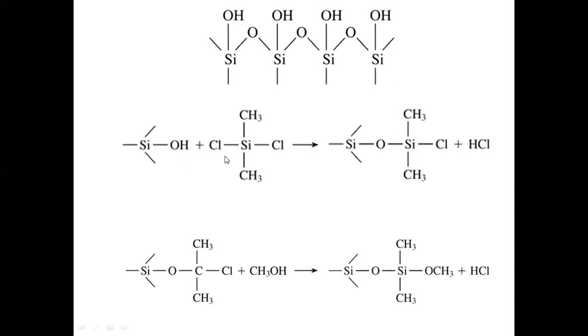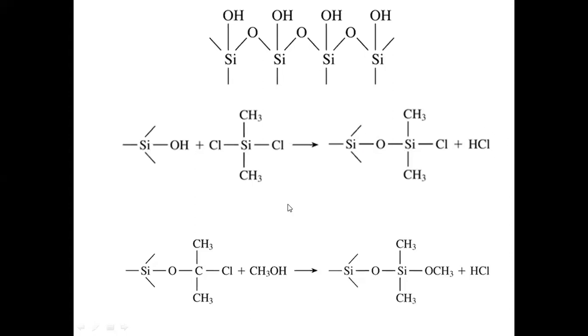Chlorine is a good leaving group, so one chlorine is going to leave from dichloro-dimethylsilane, and silicon will have the affinity to get attached with the oxygen present in the OH group. So bonding takes place between the silicon and oxygen atoms. Dimethyl chlorosilane ether is formed, with the elimination of acid.